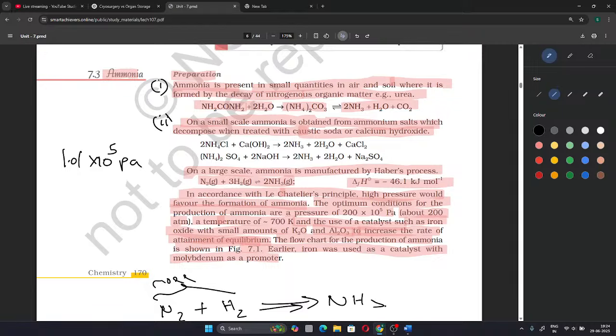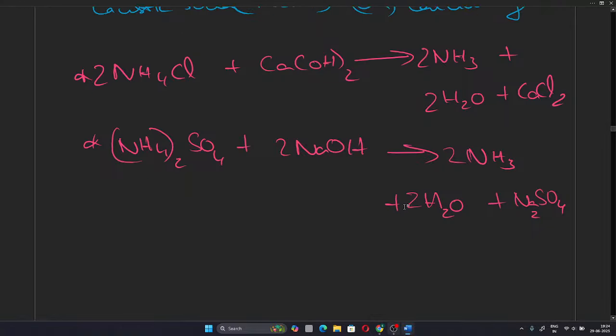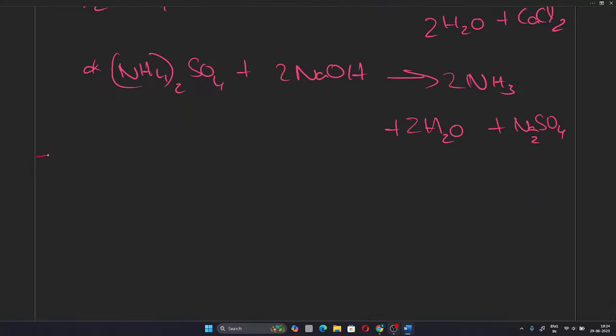Now these are the small scale preparation.